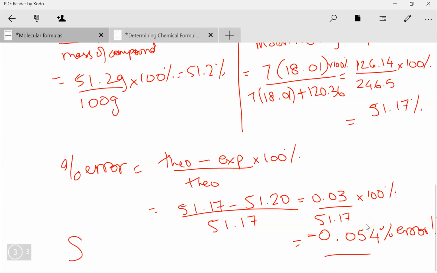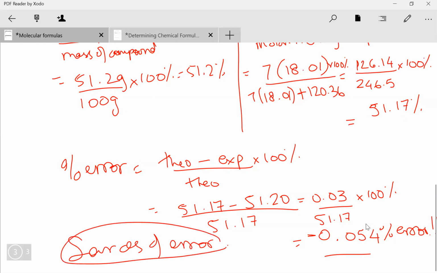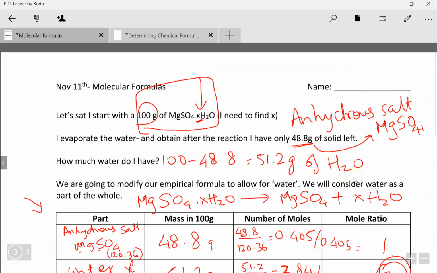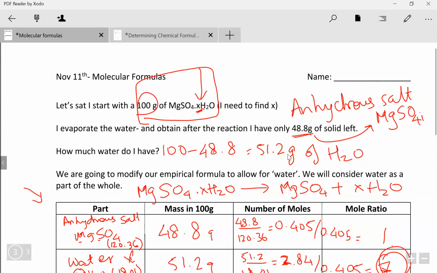We have to talk about the sources of error that can occur in a lab. Some sources of error are that the reaction may not be completely complete, as in all the water has not been evaporated, leading to some water left in this 48.8 grams.